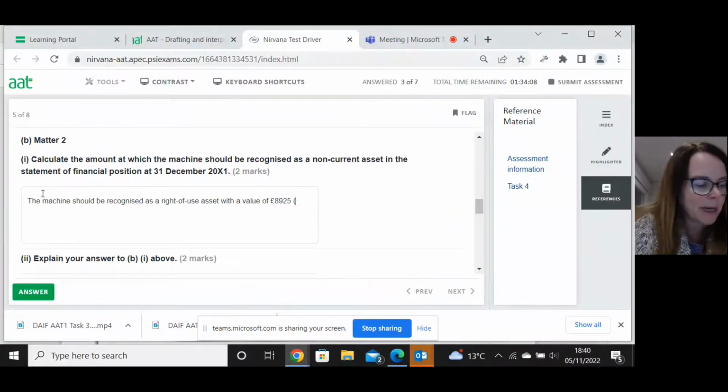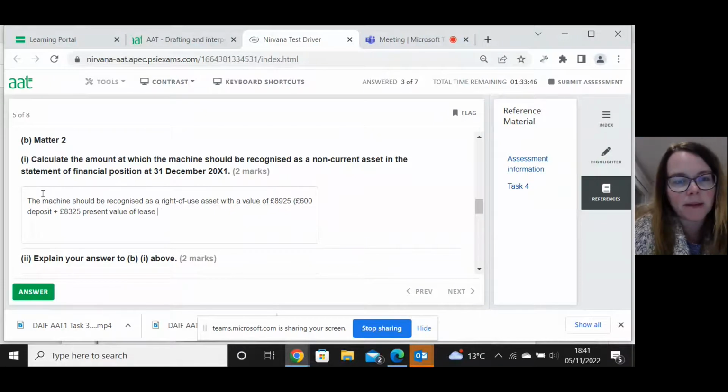Let's show the examiner that that's made up of the £600 deposit plus the 8,325 present value of the lease payments. Right, so that should get me the 2 marks comfortably.